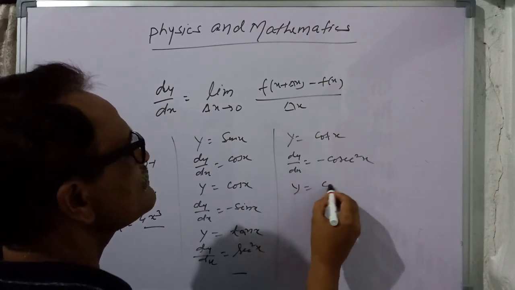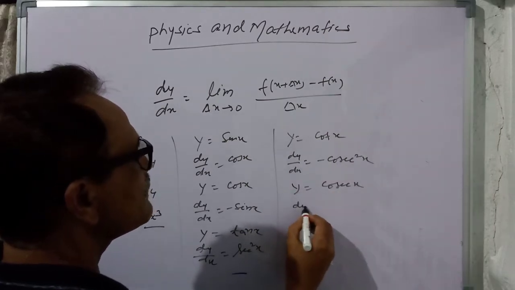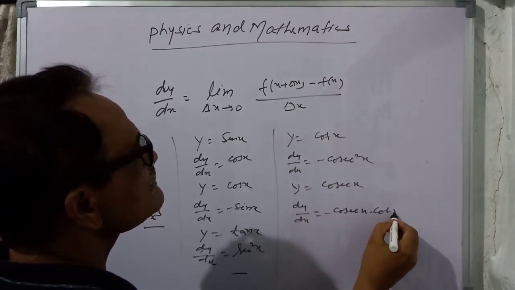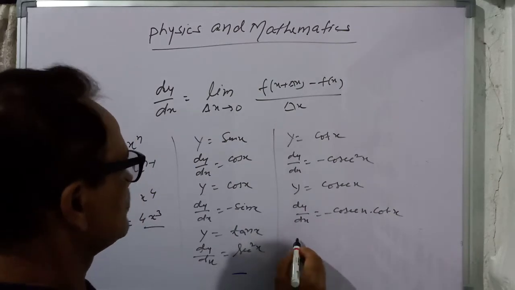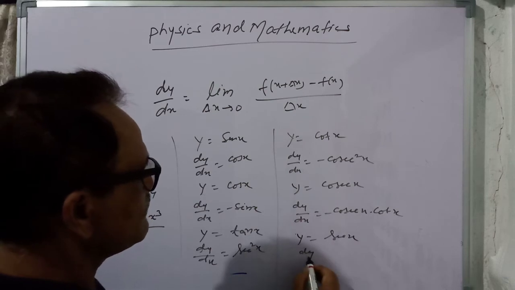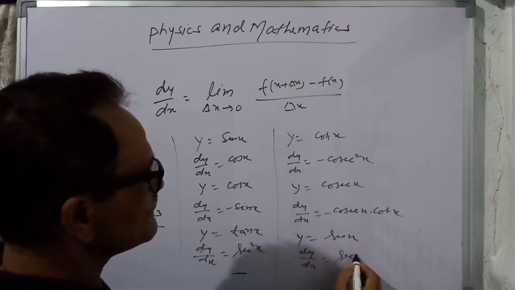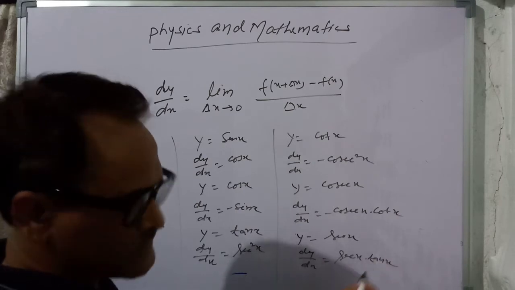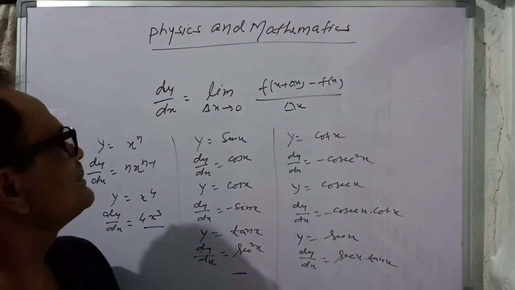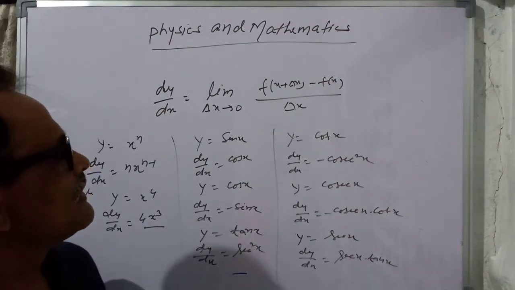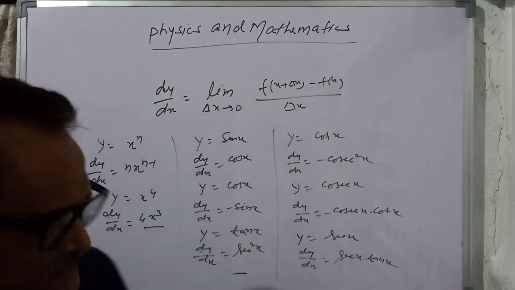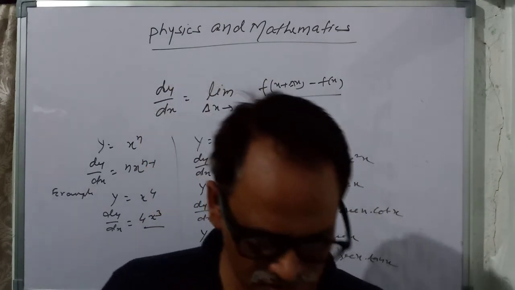If y is equal to cosec x, then dy by dx is equal to minus cosec x into cot x, and if y is equal to sec x, then dy by dx is equal to sec x into tan x. So these are the differential coefficients of some known functions, and using these functions we can get the differential coefficient.